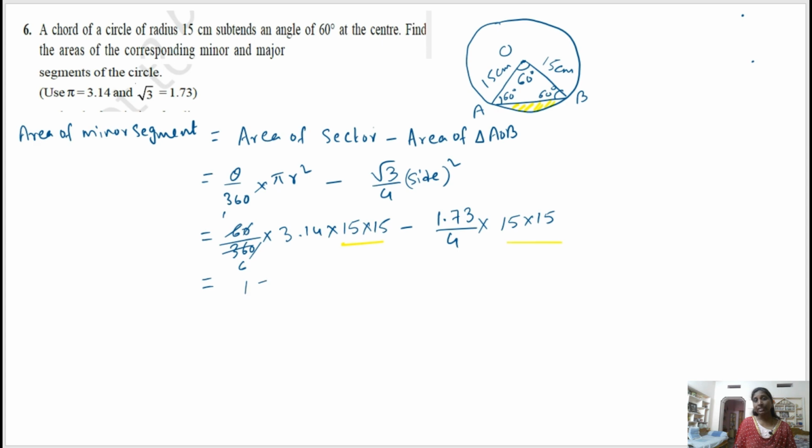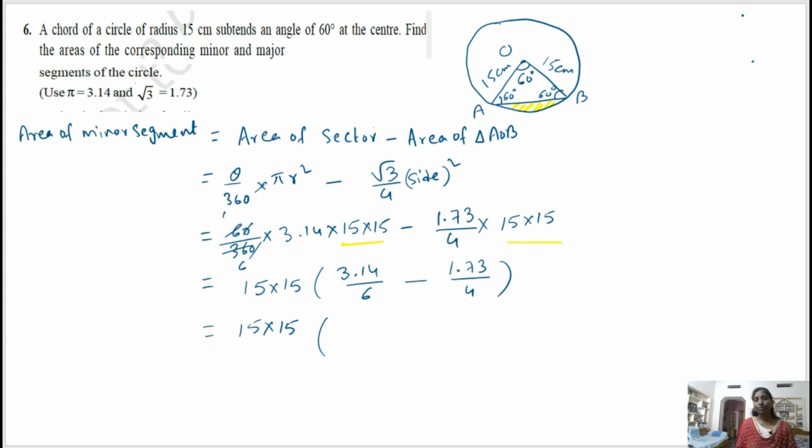So we can take 15 into 15 common. Then we will have 3.14 by 6. Now minus, then we will have 15 and 15 is out. Now 1.73 by 4. Now it's very simple. Now 15 into 15, as it is.